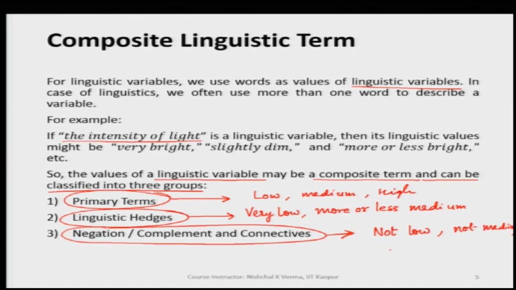Similarly, we can have another fuzzy value which could be like this: low but not very low. Here we see that but is a connective.